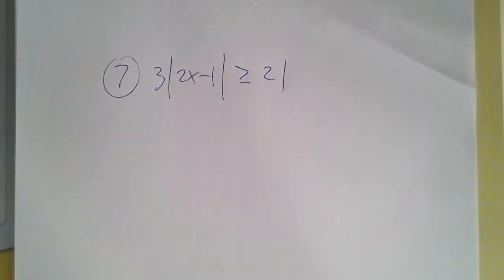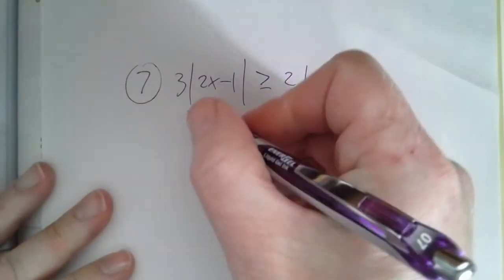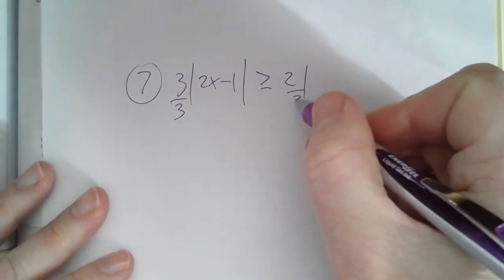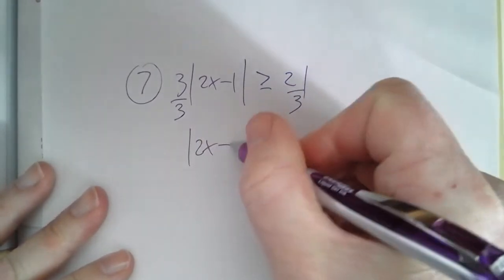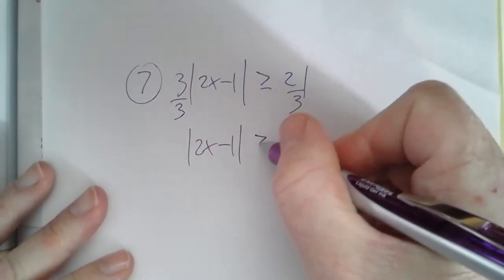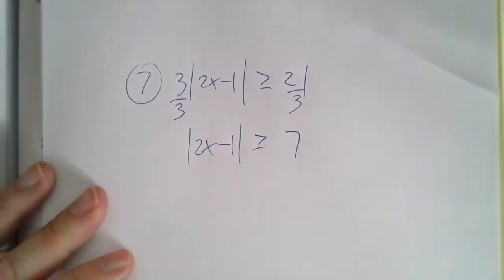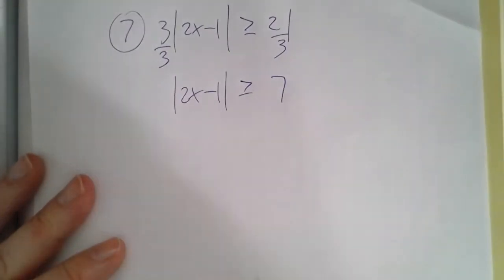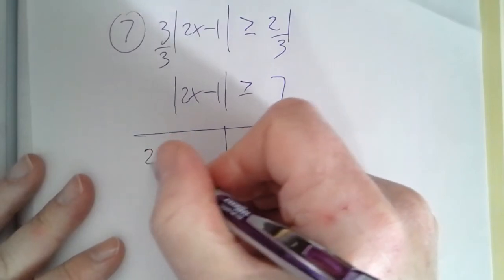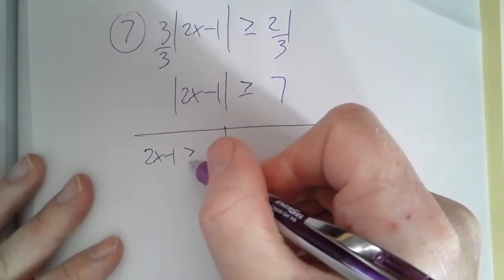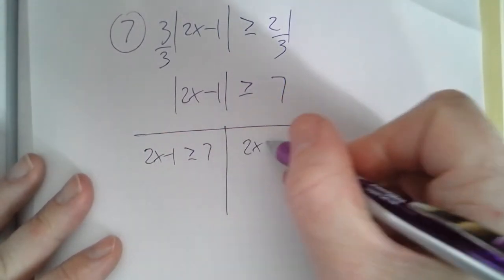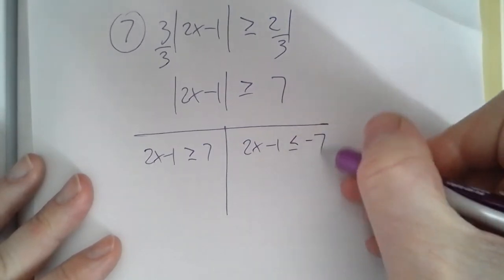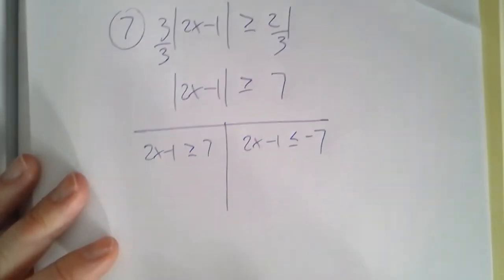Alright, and here is the solution. Divide by 3 first. 2x minus 1 greater than or equal to 7. Okay, we're going to make the two equations. So we get 2x minus 1 is greater than or equal to 7. 2x minus 1 is less than or equal to negative 7. All right.